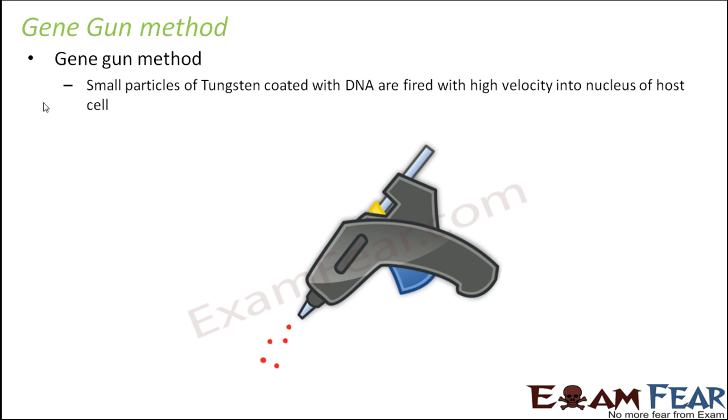The velocity is so high that it penetrates inside the host cell. In fact, it gets into the nucleus of the host cell, without any barrier of the cell membrane and its hydrophobic nature, due to the high velocity at which these particles are fired.